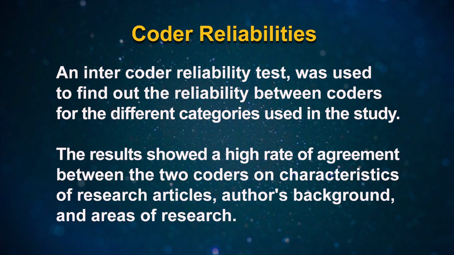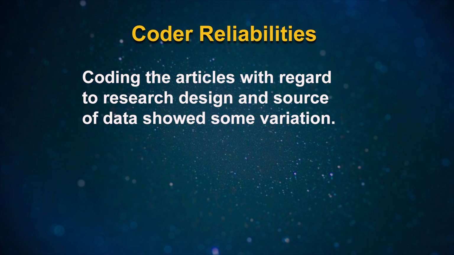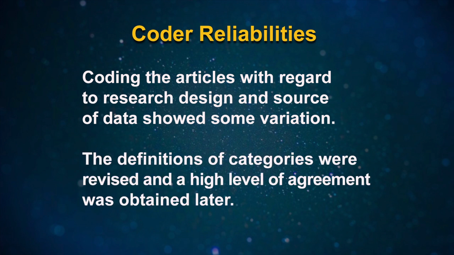The results showed a high rate of agreement between the two coders on characteristics of research articles, author's background, and areas of research. However, coding the articles with regard to research design and sources of data showed some variation. The definitions of categories were revised and a high level of agreement was obtained later.